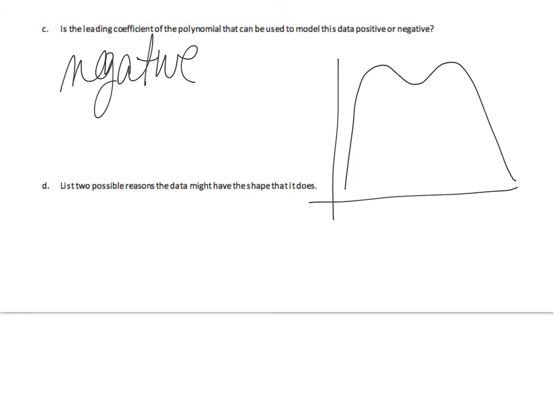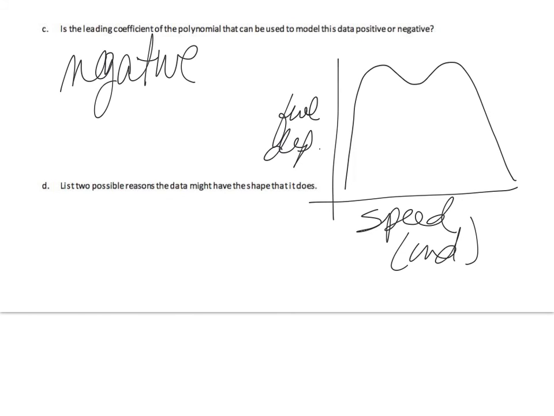So the x variable was speed, and that's independent. The y variable was fuel economy, and that was dependent. We believe the leading coefficient is negative, since the end behavior of this function is to approach negative infinity on both sides.